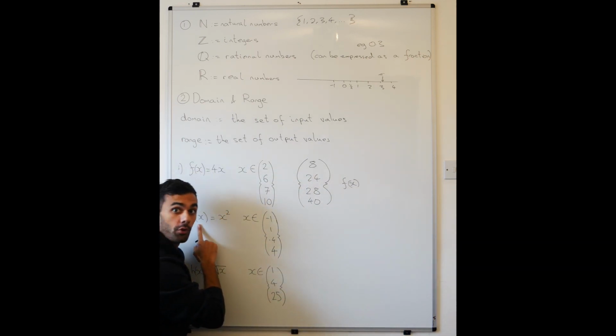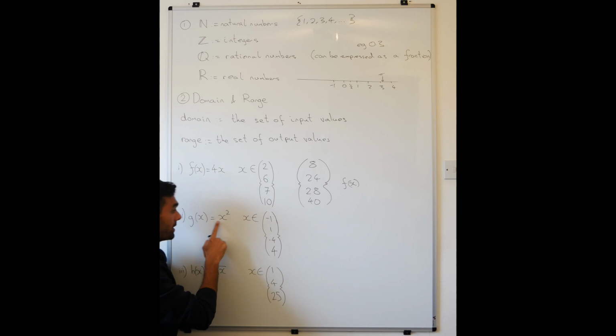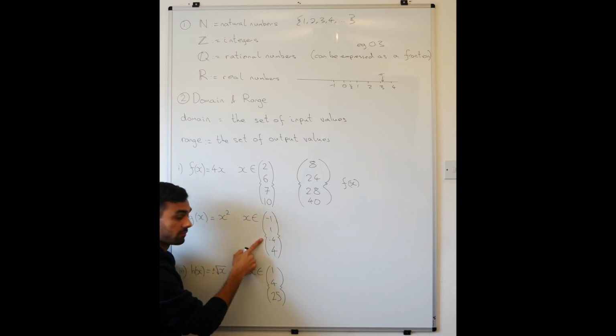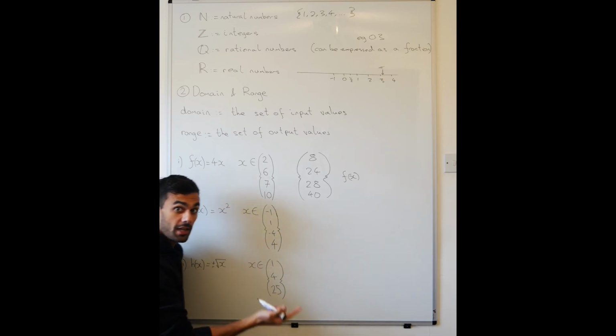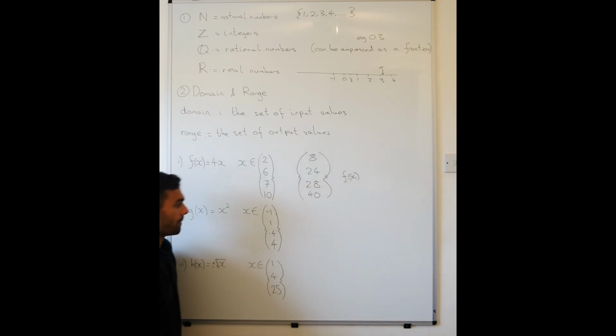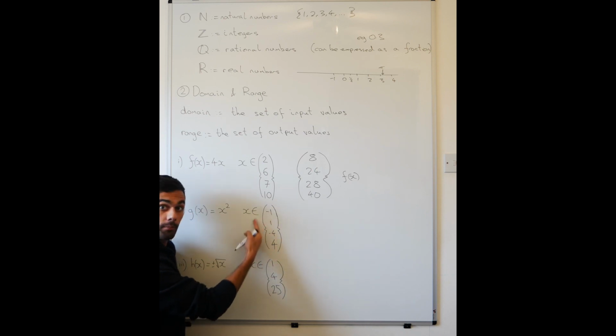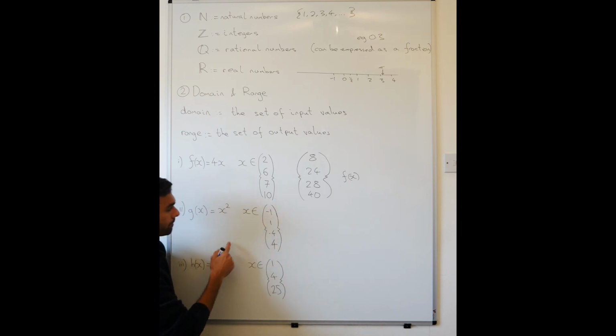Alright, next mapping. We've got g of x down here, it's x squared. What's the domain? The numbers going in for x. Given. We've got 4 numbers in our domain. And usually that is the case, you will be given a domain. Okay, let's work out the range. So we take each number and we're going to put it into the mapping.